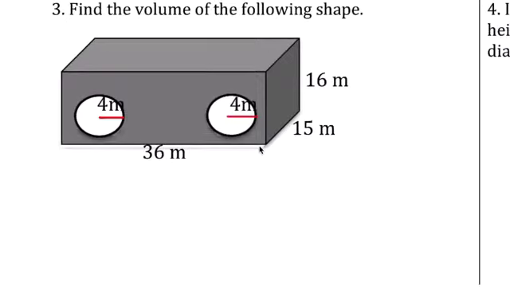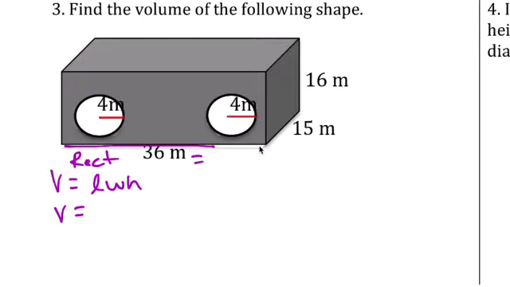Number 3, you do the volume of the rectangular prism first. Let's do the rectangle. Length times width times height. Let's establish length. Let me do another color. This is the width. So 16 is the width, and 15 is the height, because that is laying down that way.